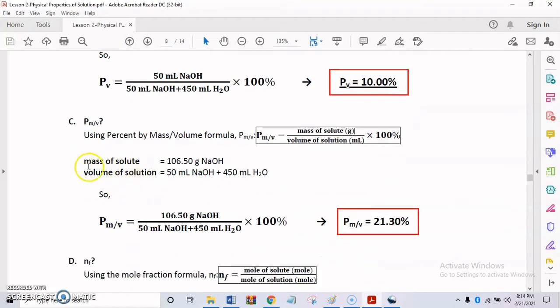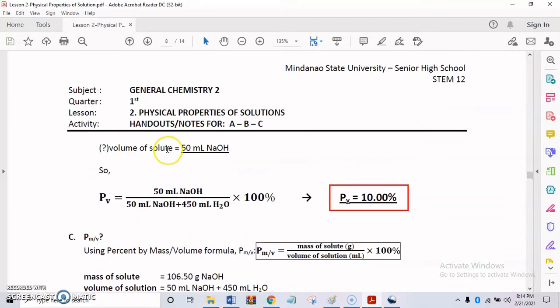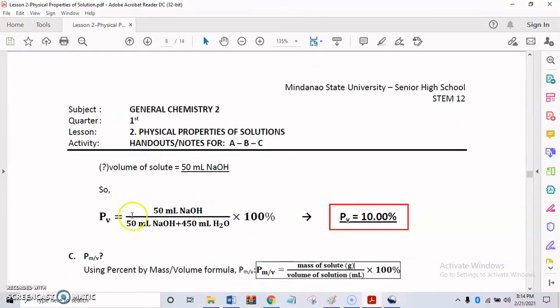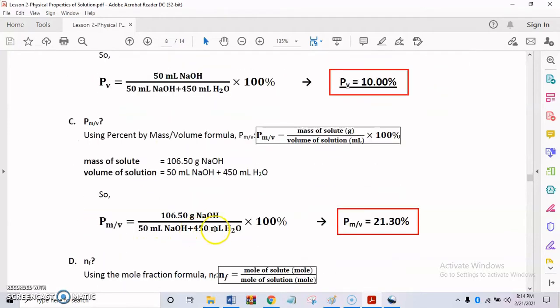So, mass of solute given tayo niyan, which is yung 106.50 grams sodium hydroxide. And then yung volume of solution from the previous computation we had is ito, di ba? 50 ml sodium hydroxide and 450 ml water. So, times 100, we can get the percent by mass over volume, which is 21.30%.